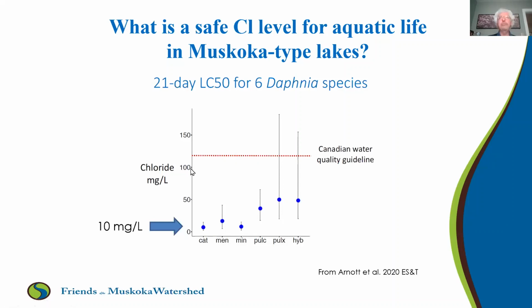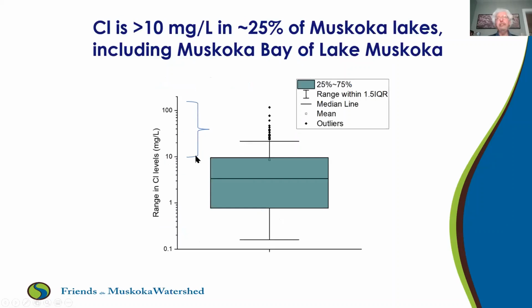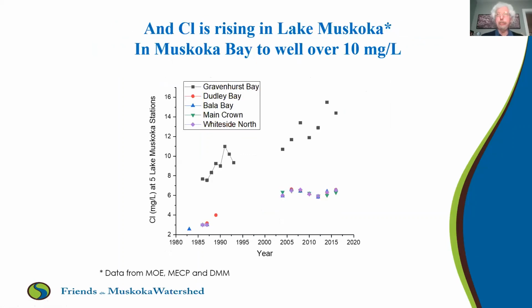So if we go back to the district's chloride data, 25% of the lakes have more than 10 milligrams per liter of chloride. Now, the calcium threat that I talked about earlier applies more to lakes in Algonquin Park, the northeast part of the watershed, but the chloride problem applies more to lakes in the developed part of the watershed.